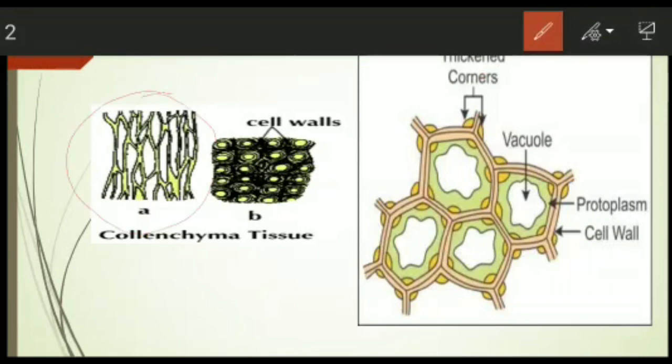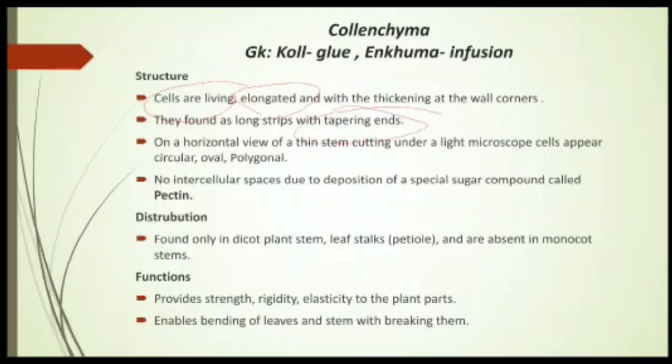When you see the cells horizontally, you will see that they are elongated and their ends are tapering like this. This type of pointed end, we call it a tapering end.